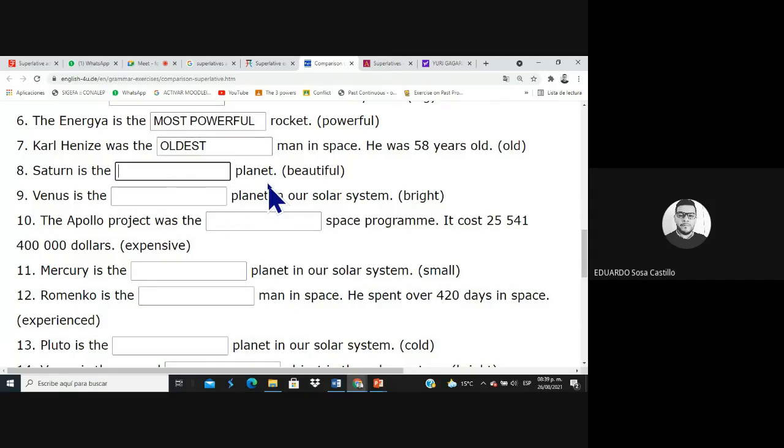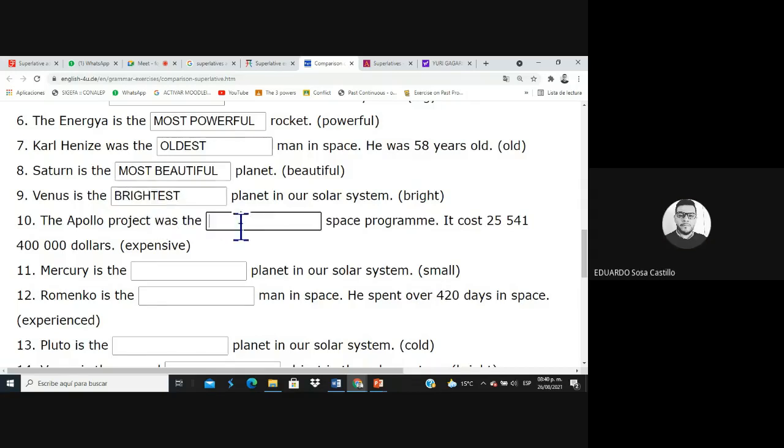Saturn is the most beautiful planet. Venus is the brightest planet in our solar system. Let me tell you the correct pronunciation, Jesus. Brightest.